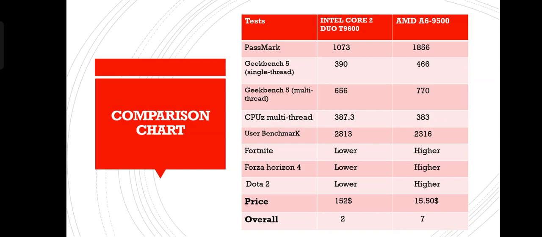In UserBenchmark, the Core 2 Duo also got a higher score, but in gaming performance, the AMD A6-9500 dominated the Core 2 Duo T9600.